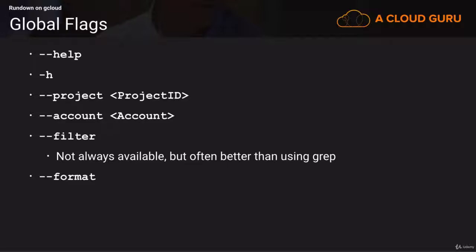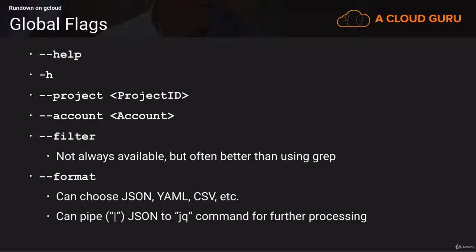Another helpful global flag is --format. That can let you choose to have the output formatted as either JSON, YAML, comma-separated value, or something else. It can be particularly useful to output some data as JSON and then pipe it to the jq command to do extra processing. One more global flag to mention is the --quiet or -q.